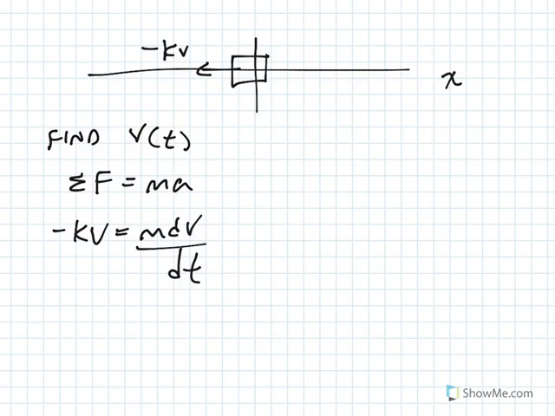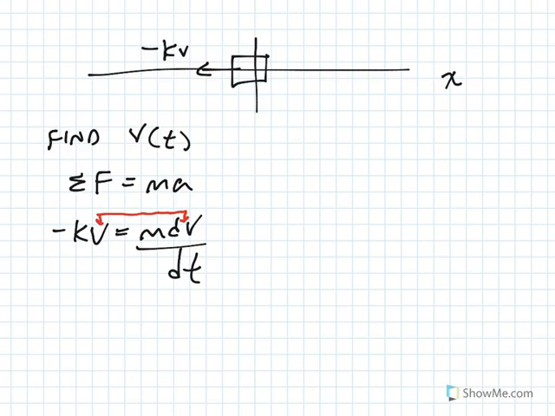If I want velocity as a function of time, it's all about getting the v's all on one side of the equation and whatever's left over with t on the other side. This little v really wants to be with dv over here, so we could just cross multiply.